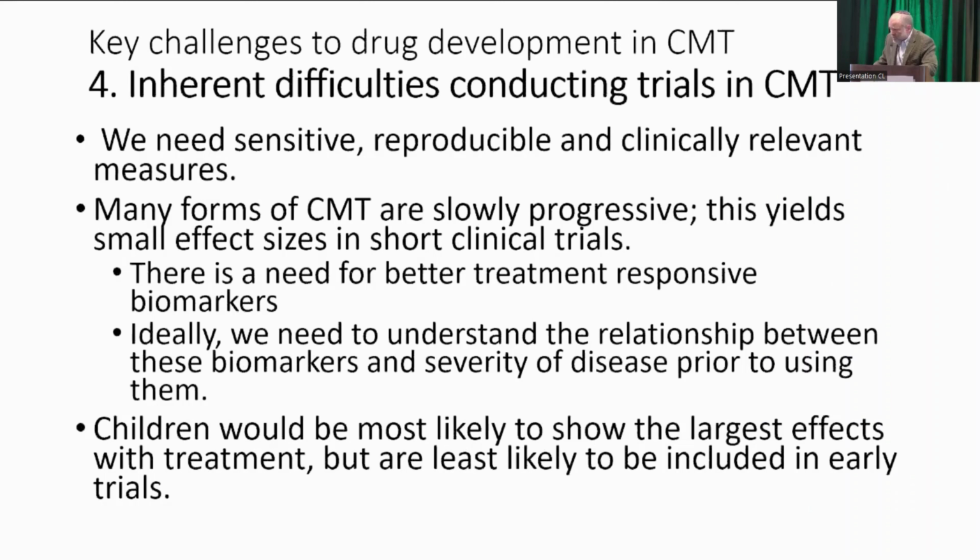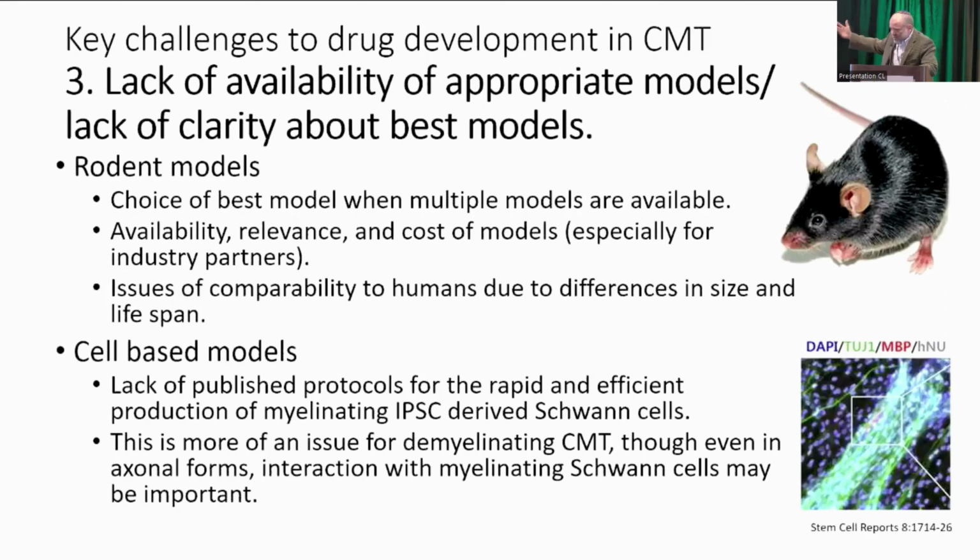In terms of cell-based models, go back, please, for a second. In terms of cell-based models, one of the key challenges is that while we do have many papers on how to produce myelinating Schwann cells from iPSCs, the methods are still pretty inefficient and require long periods of time to produce even a small amount of myelin in culture.